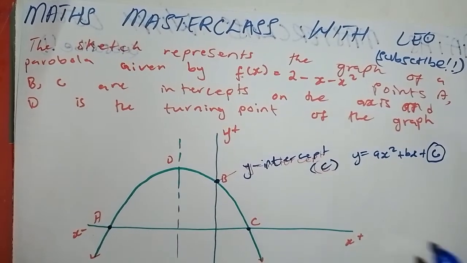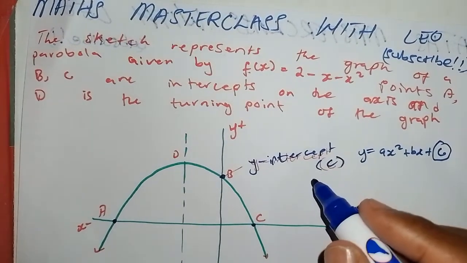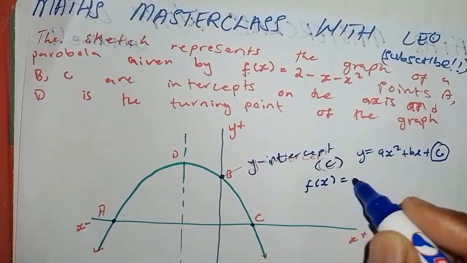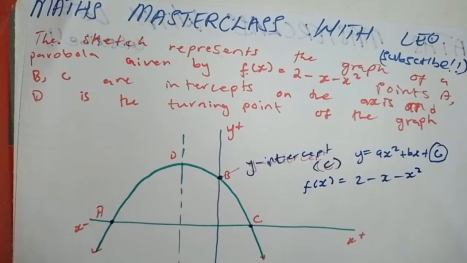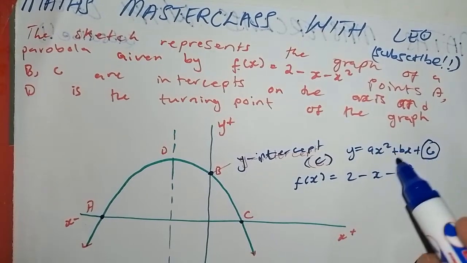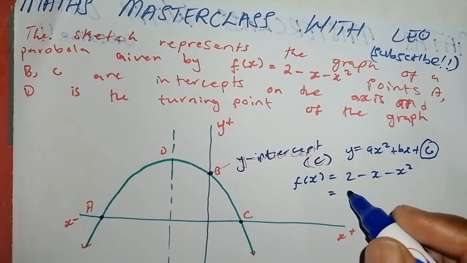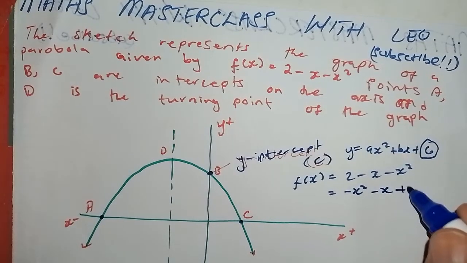But before we go to the questions, I have the equation f(x) = 2 minus x squared, and I have to rewrite it in this order. Then I'm going to have minus x squared minus x plus 2.